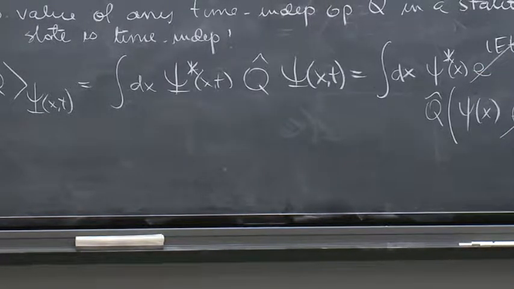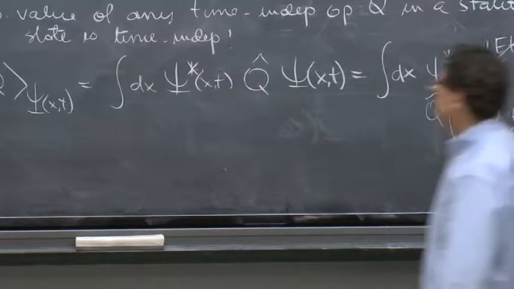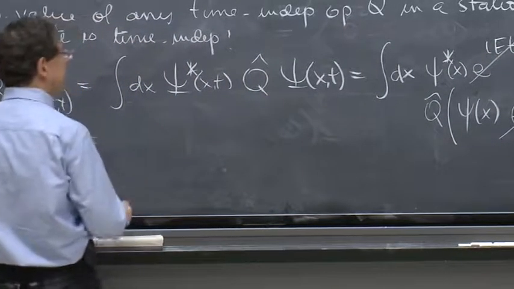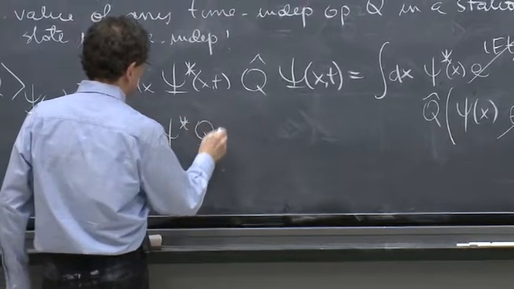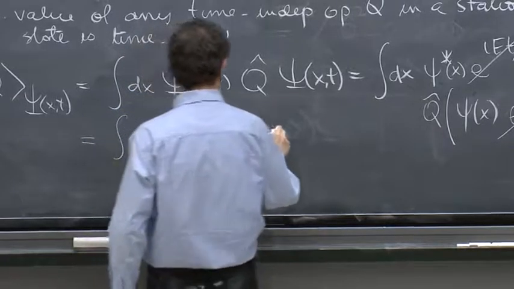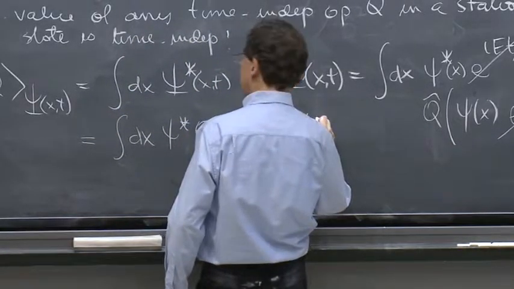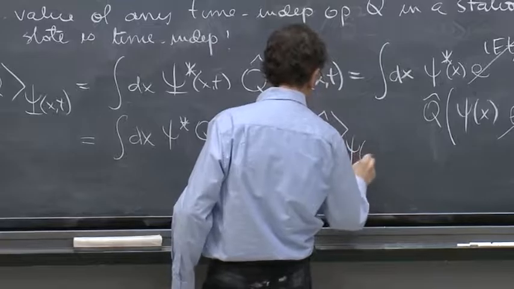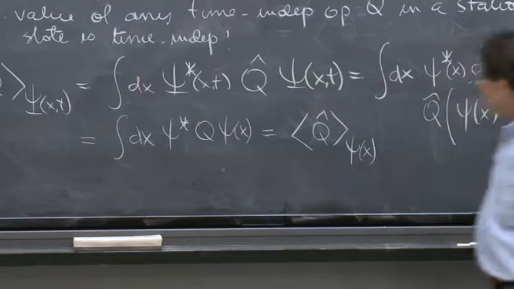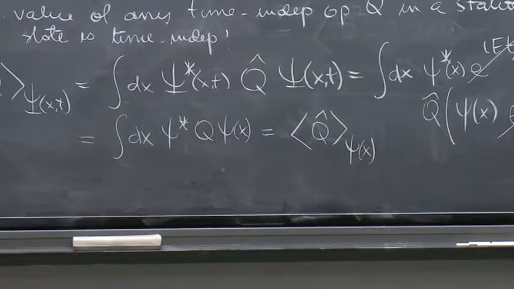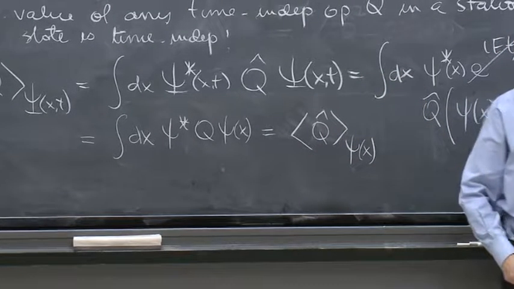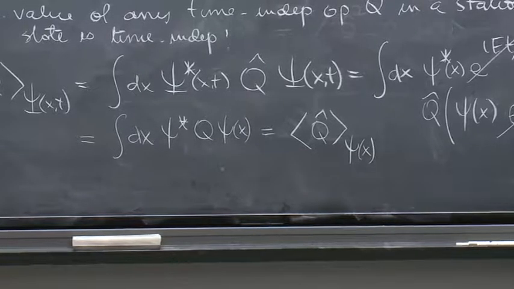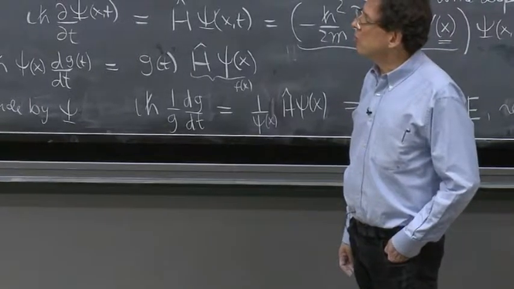The time dependence completely disappears, and in this case, you just get integral dx of psi star Q psi, which is the expectation value of Q on little psi of x, which is clearly time independent because the state has no time anymore and the operator has no time. So everybody lost their time and we're in good shape.